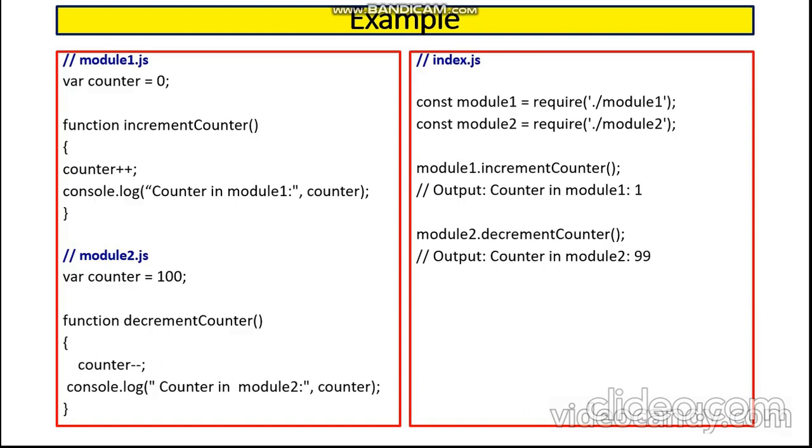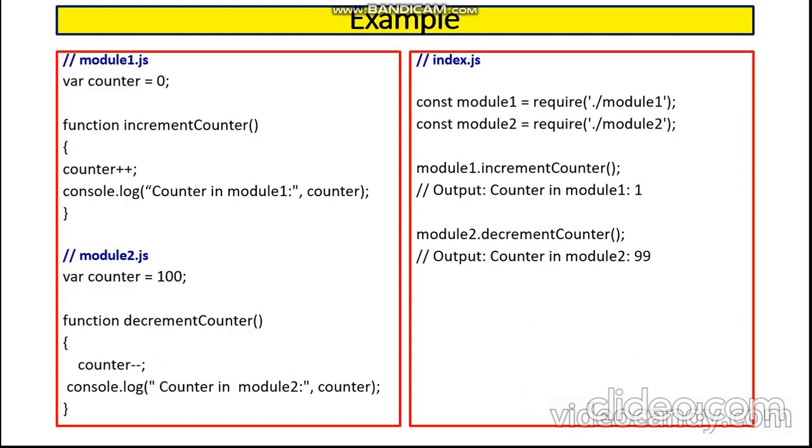Similarly, for module2 I am again using the require method, and with it we import the module2.js file. So it simply indicates the module1 variable belongs to the module1.js file and the module2 variable belongs to the module2.js file.